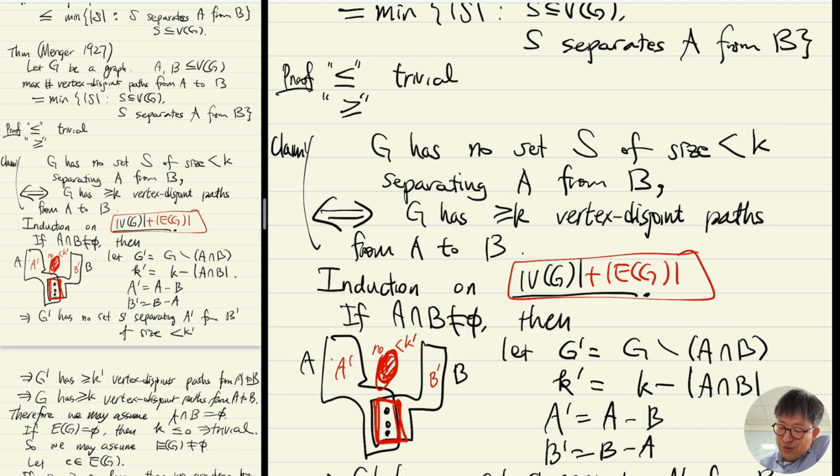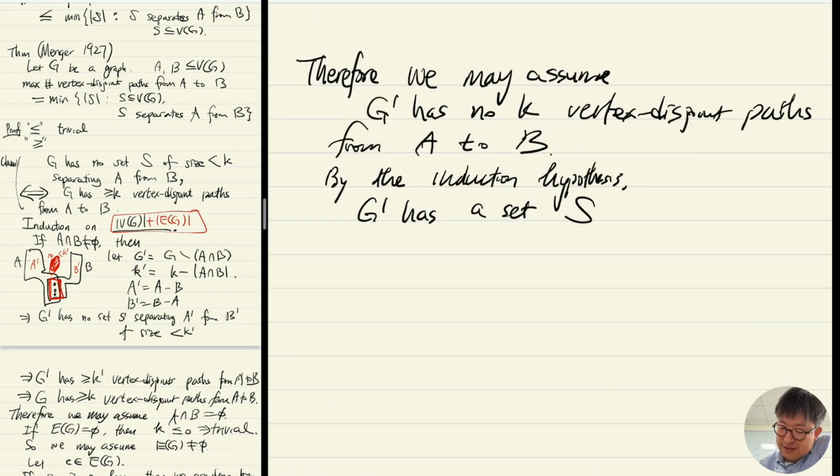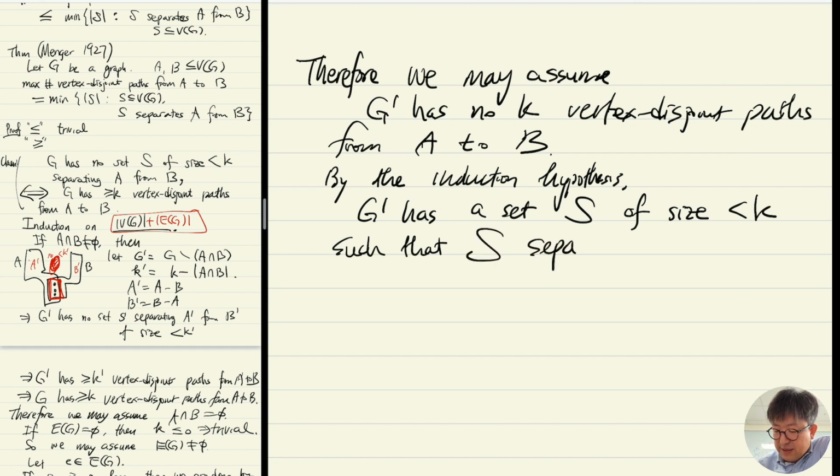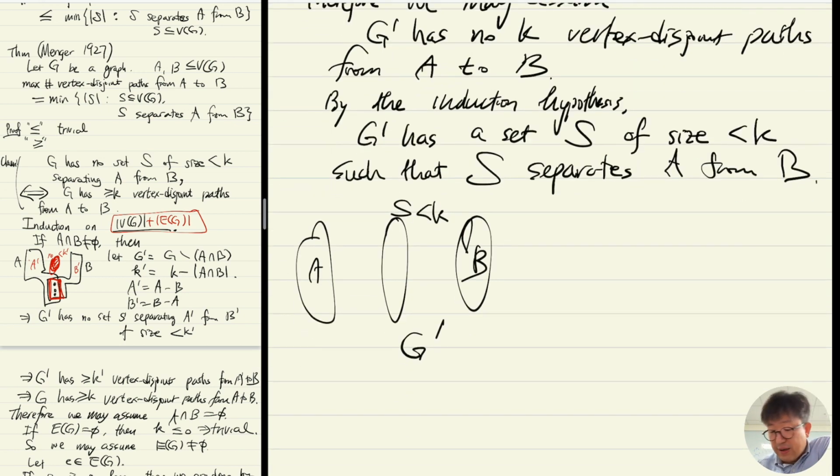So if I don't have a K vertex disjoint path, I want to have a set of size less than K such that S separates A from B. So here you have a set S, A, B. This is in G prime. And S has size less than K. So that's why you don't have a K vertex disjoint path from A to B.